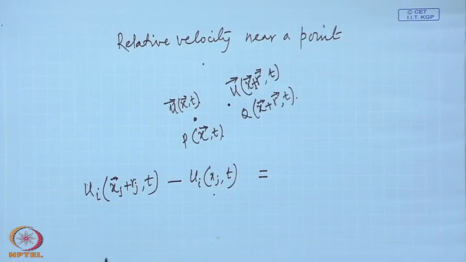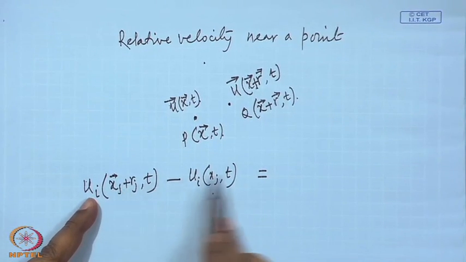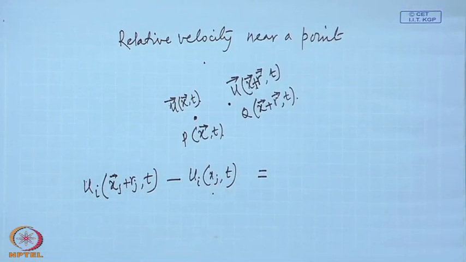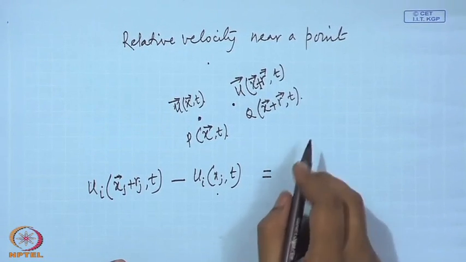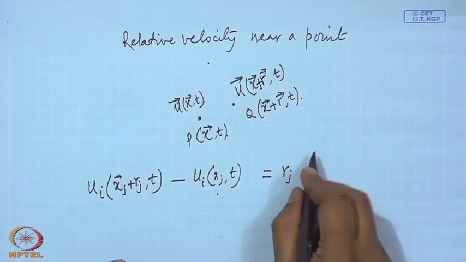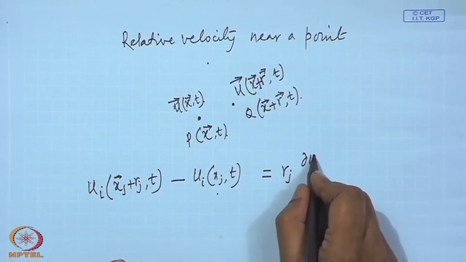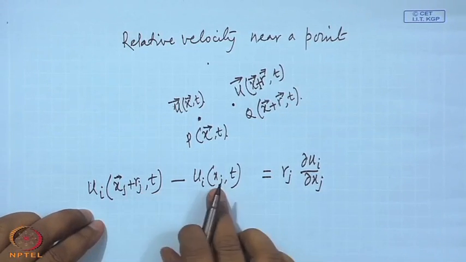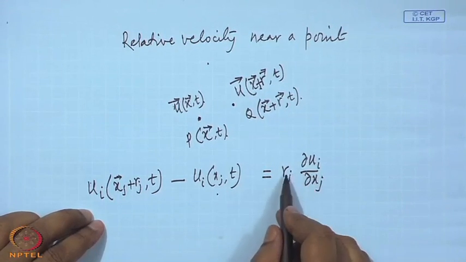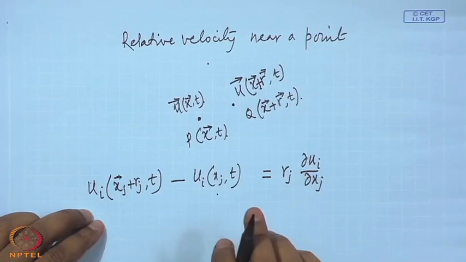So, this is equal to this plus something. What is that something? This is the first term of that Taylor series. This equals this plus this, then plus of course r j square into the second derivative of this and so on.